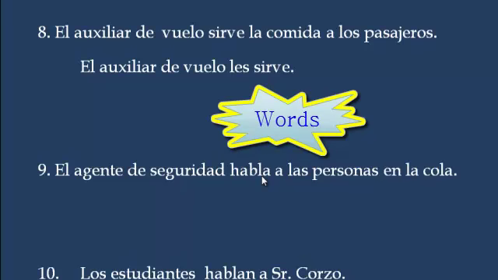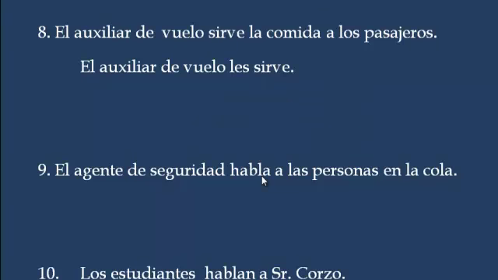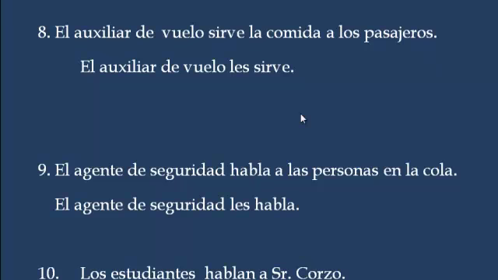So the agent is giving words to the people in line. Who is receiving these words? Las personas en la cola. So that's what we would replace, las personas. So you should have el agente de seguridad les habla.